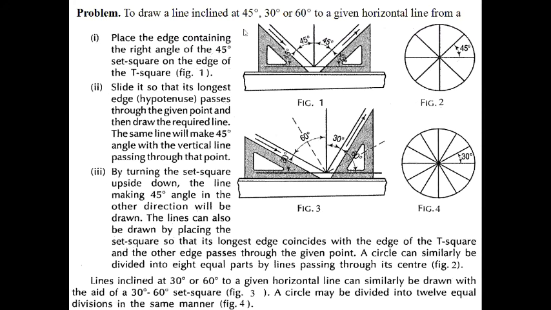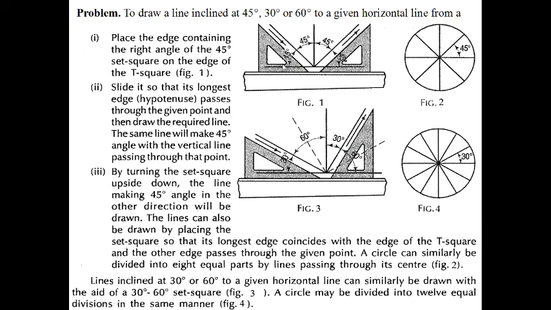Draw a line inclined 45 degree, 30 degree, 60 degree to a given horizontal line. Place the edge containing the right angle of the 45 degree set square on the T-square, or you can use this side.